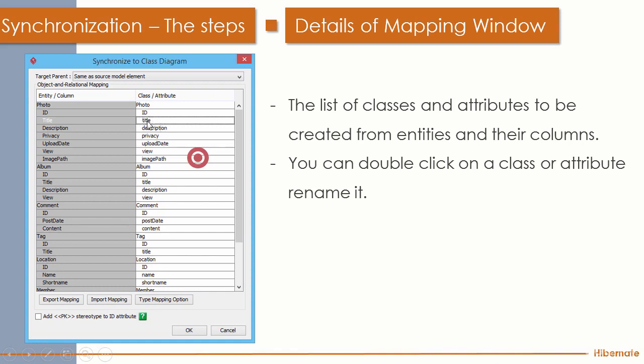Say, I don't want to generate the title as an attribute. I want to generate something else. You can say photo title in the attribute. The name you put here will directly impact the generated code. If you set it to photo title, then when you generate the Java code, you will have setPhotoTitle rather than setTitle.